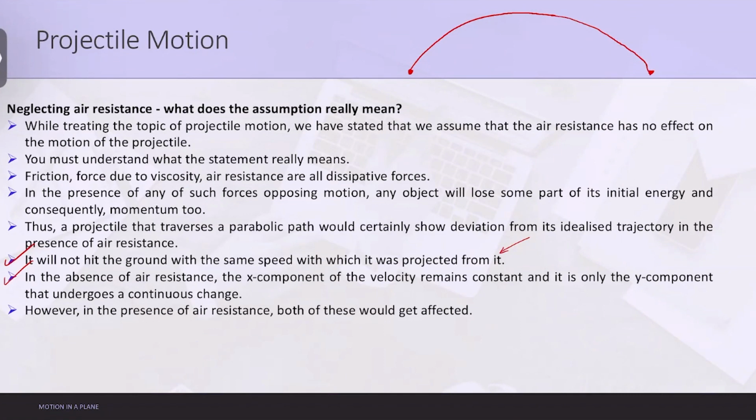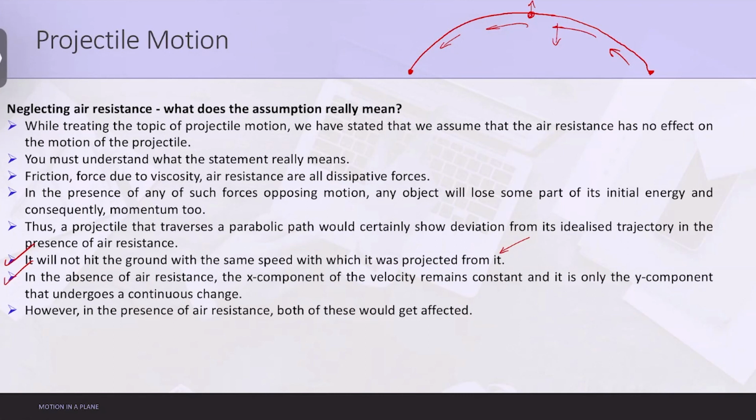But if there were air resistance acting on the complete path, then the velocity wouldn't be equal to its initial velocity when it hits the ground, or the speed won't be the same. The direction may change, because after this the direction of Vy would change, but the speed won't be the same.